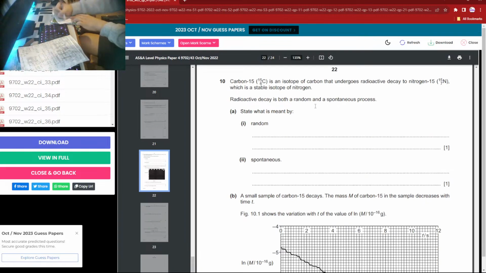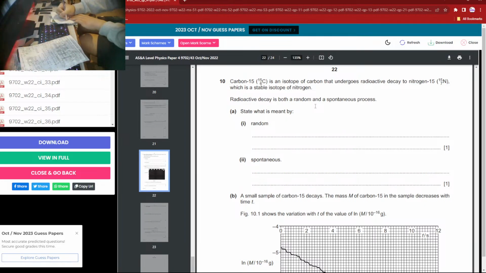10A. What is meant by random? Random means that it is unknown which nucleus will decay next and when it will decay.